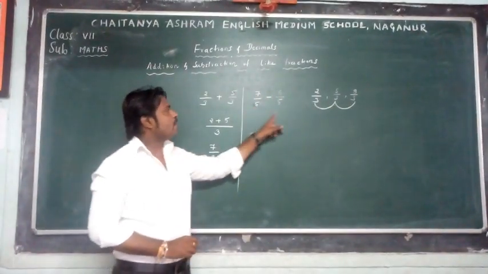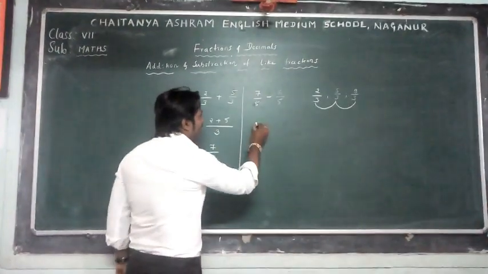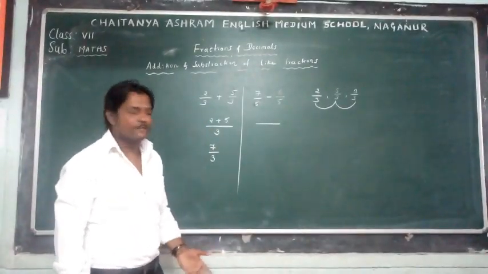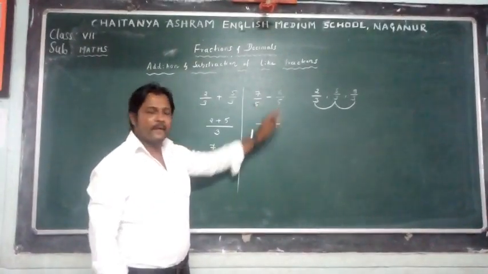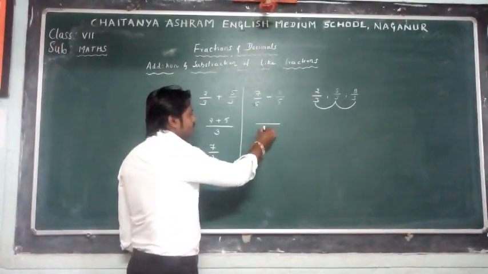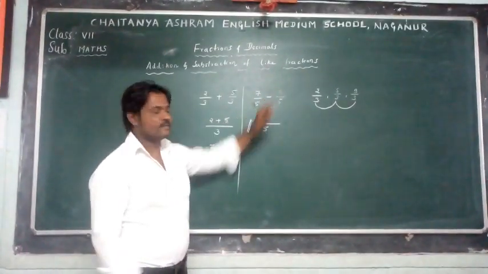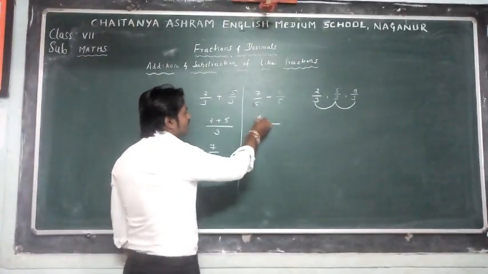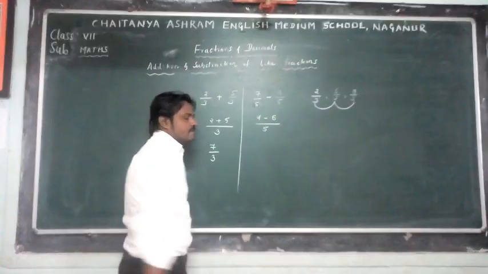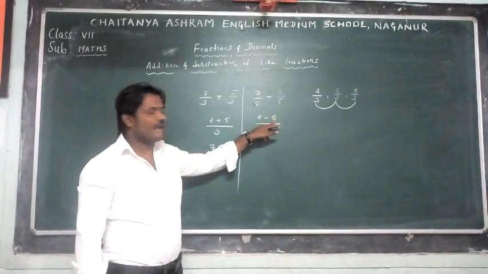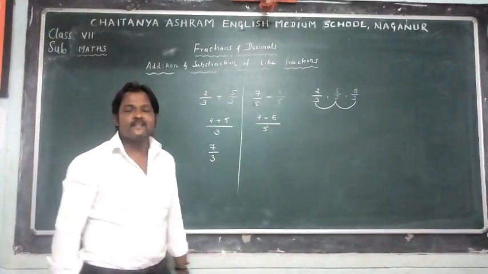So they have same denominator. Make a fraction. In the denominator, write 5 and subtract the numerators. That is 7 minus 6. What is the difference? Subtract 6 from 7. What is the answer?